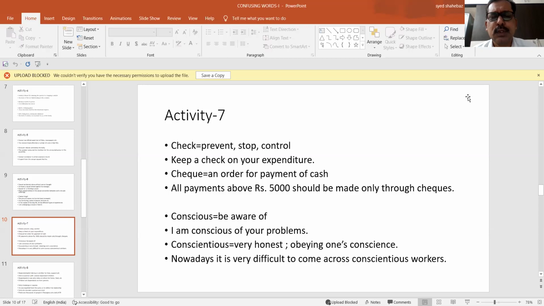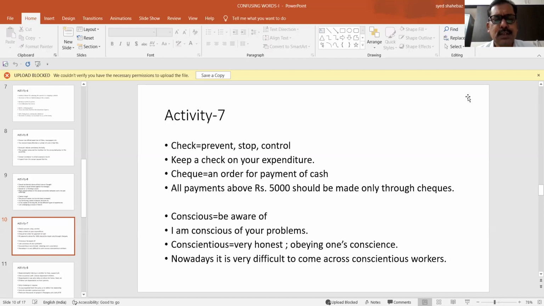He can order the bank to pay the sum of rupees to a particular person. Then the bank pays that amount. It is called cheque. Cheque, chequebook, all this come from this word.